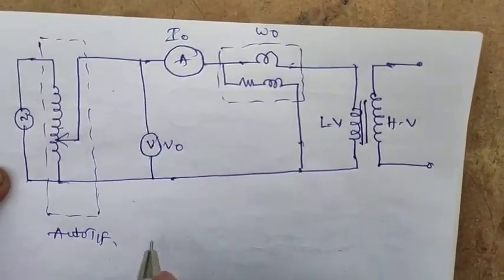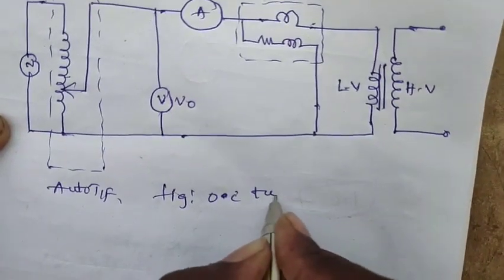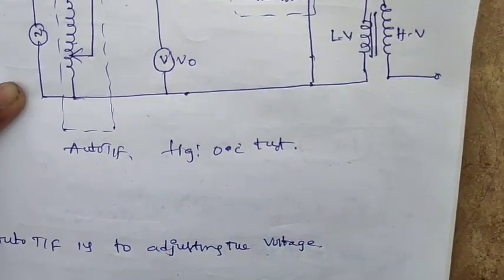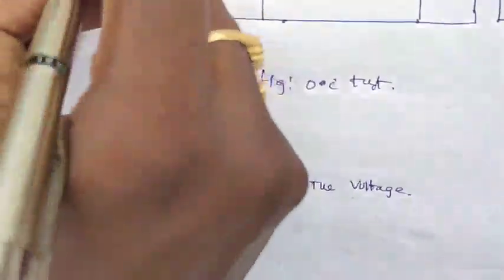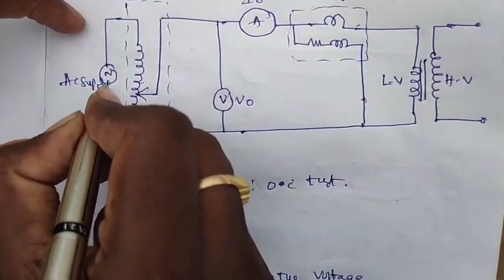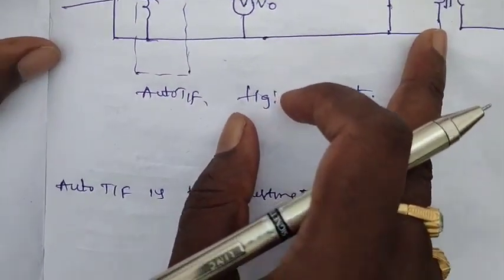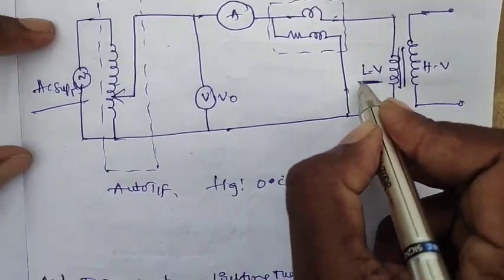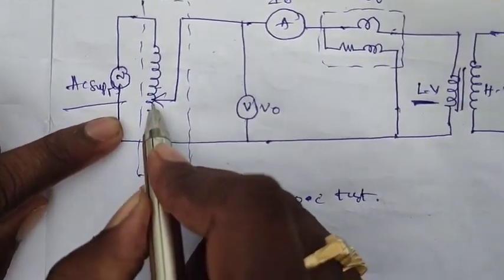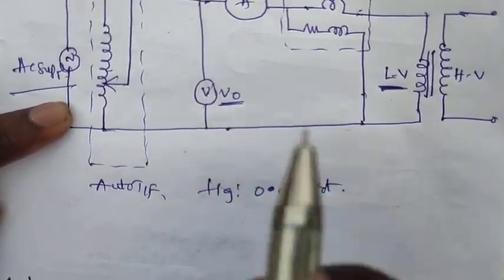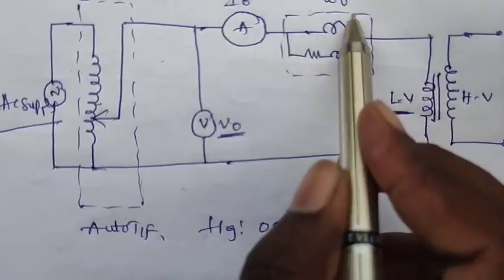This is the connection diagram for the OC test. In this OC test I am applying the rated voltage of the transformer, whatever the low voltage of the transformer, which I can apply by using the auto transformer. Here we only have to read the current I0 and W0.